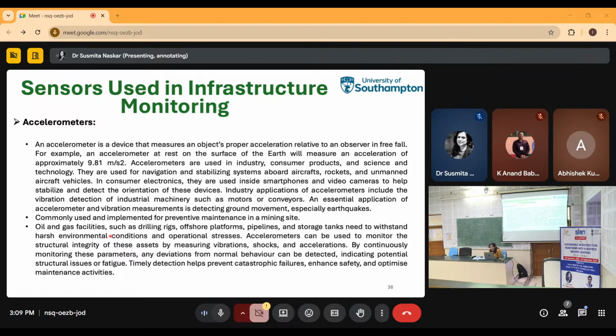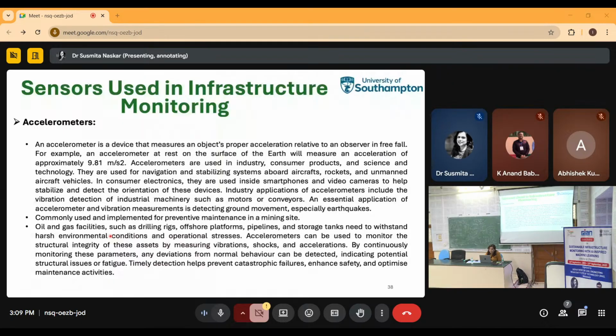So by deploying accelerometers across the critical infrastructure, we can detect problems very early, prevent catastrophic failures, enhance safety, and optimize the maintenance strategy. They form the backbone of the real-time structural health monitoring system.